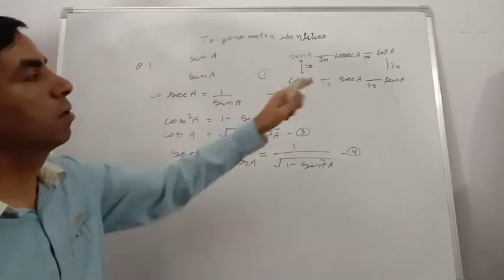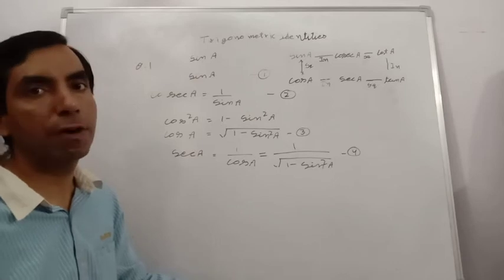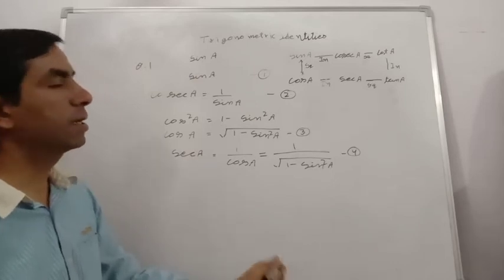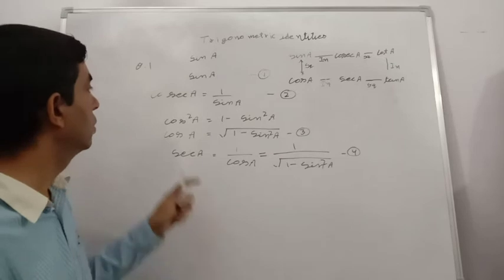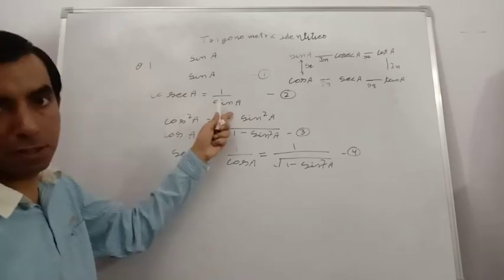Sec A is connected to tan with the square formula, but I generally take the inverse formula.